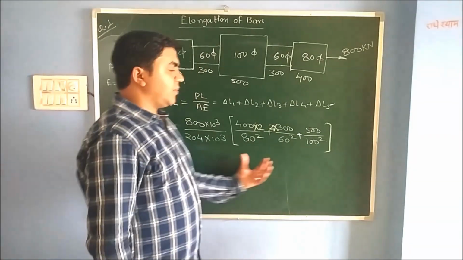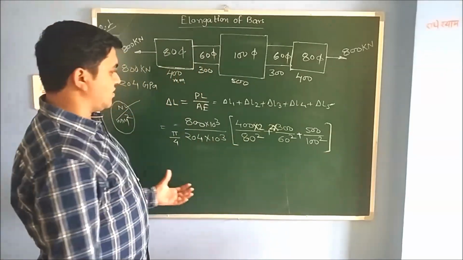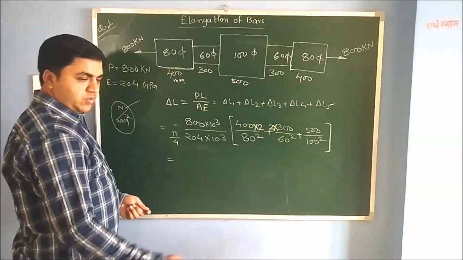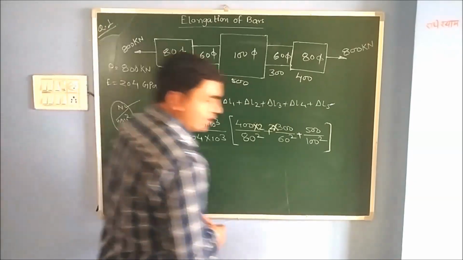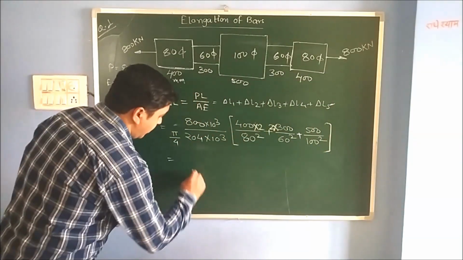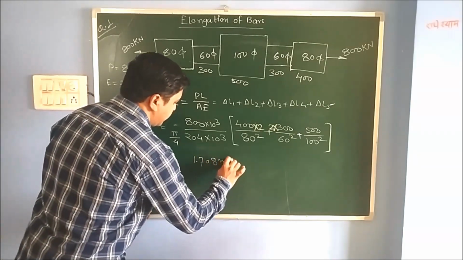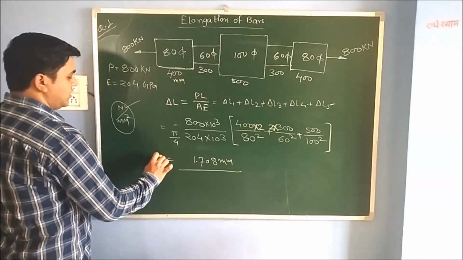Now this is the problem you have. Solve this in your calculator and you will get the final answer, which is 1.708 m. So this is the solution for this problem.